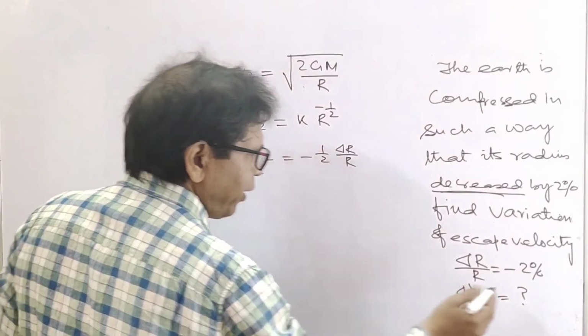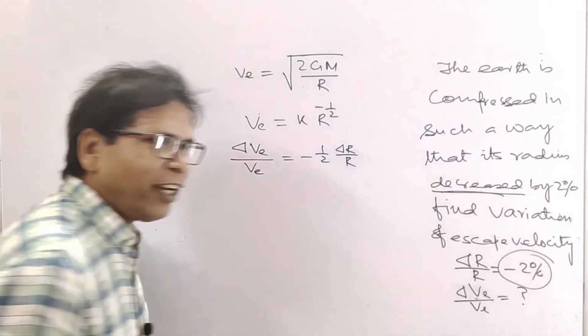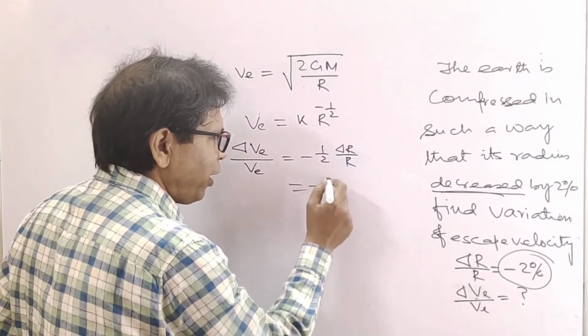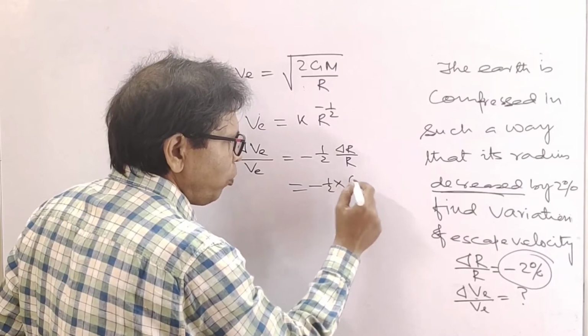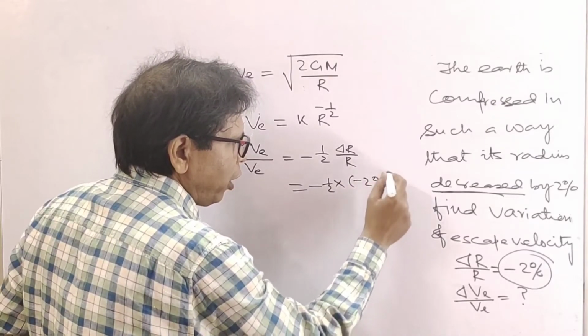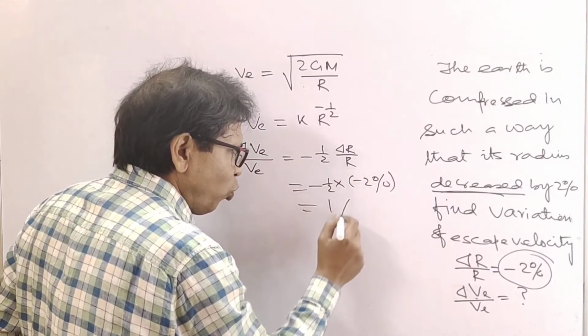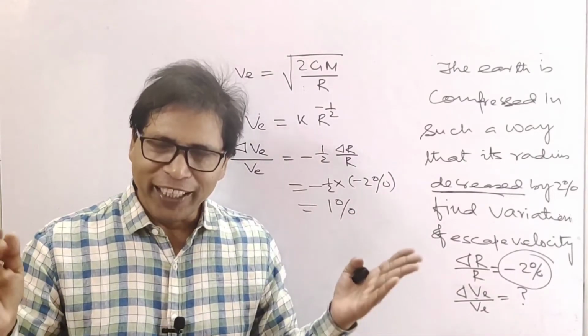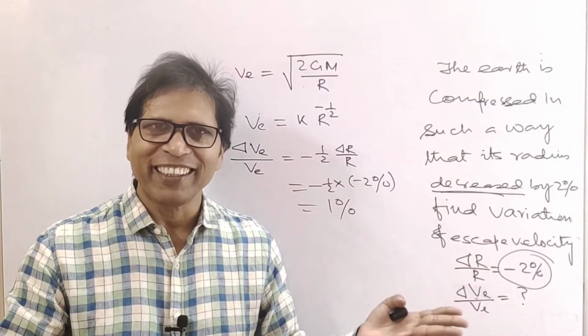Delta r by r is minus 2%, so this is minus half into minus 2%. Therefore, this is 1%. So escape velocity will be increased by 1%.